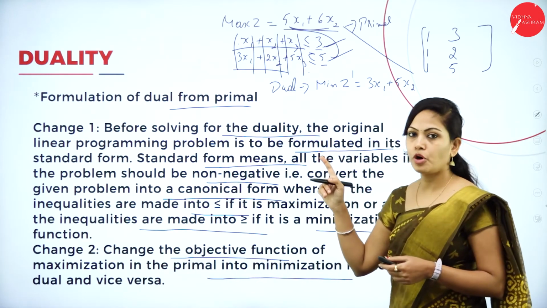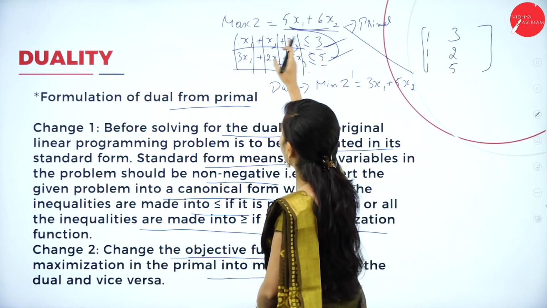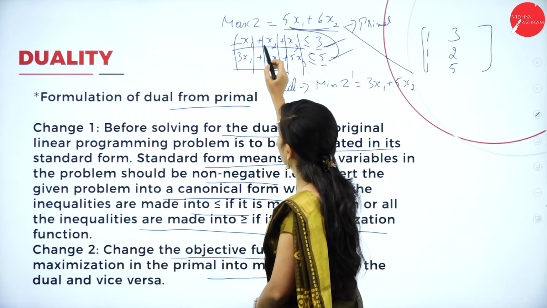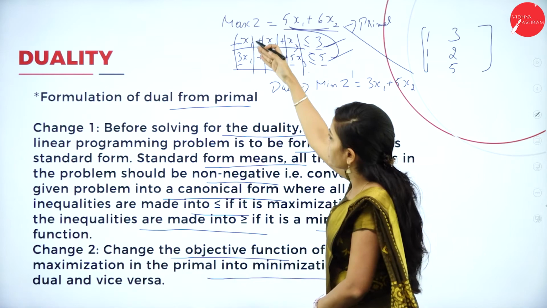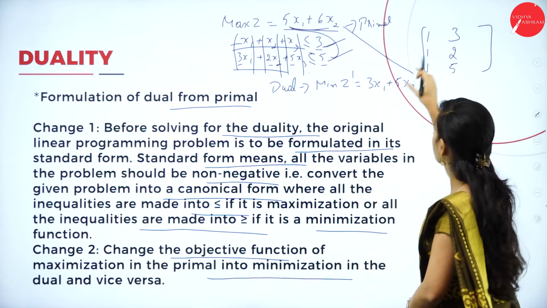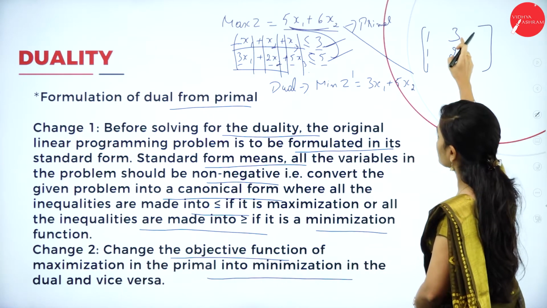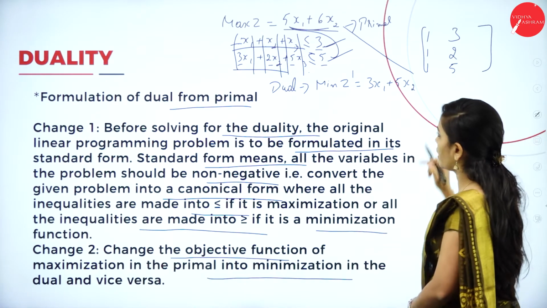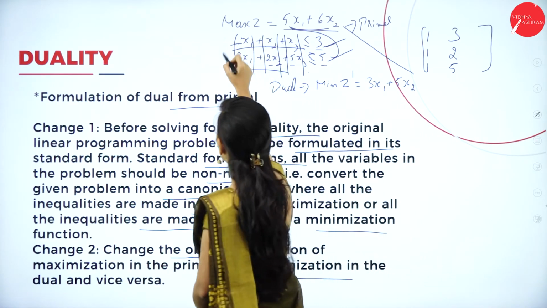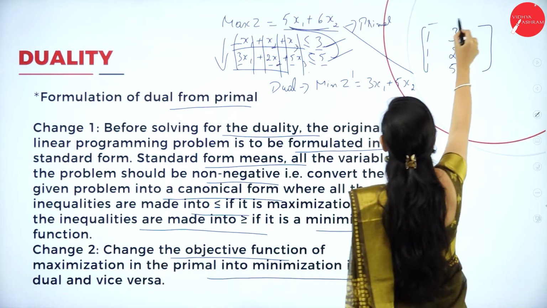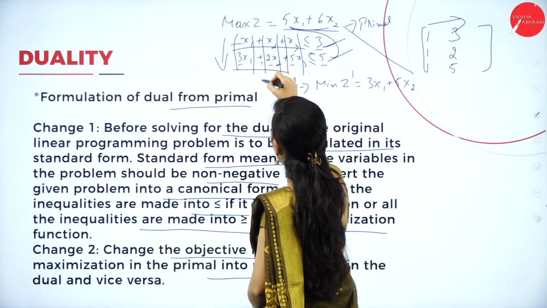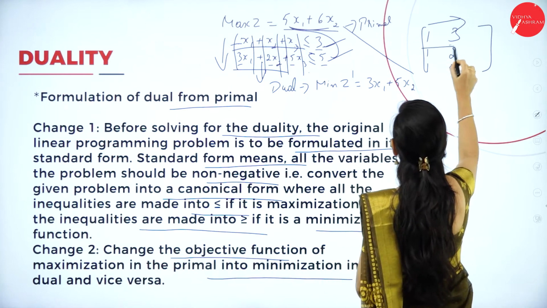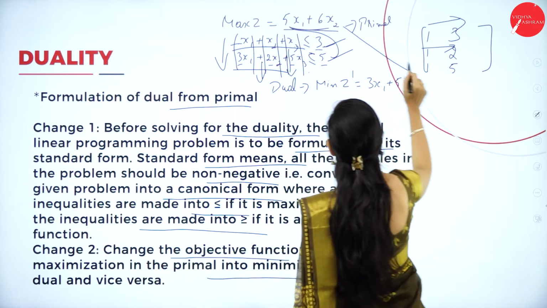In the primal problem we have 3 variables, x1, x2, x3. So all these columns will become rows: 1, 3, 1, 2, 1, 5. This column becomes a row, the second column becomes a row, and the third column becomes a row.